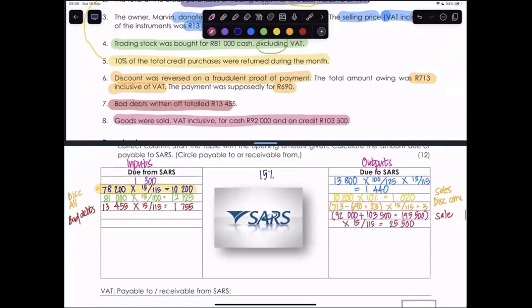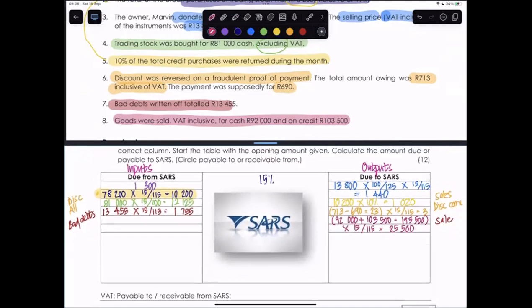All you need to do then is add and subtract. Obviously, if you're working out how much is payable to or receivable from SARS, the easiest is to just assume that your outputs are going to be the positives and your inputs are going to be the negatives, because remember, SARS is a liability account, and you can almost think of this as a little T account that we've created over here.